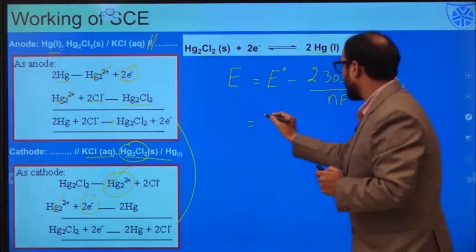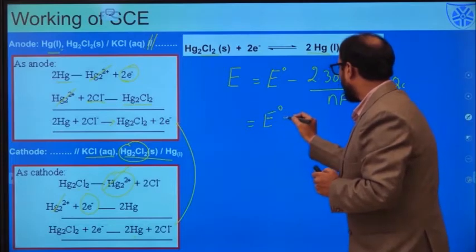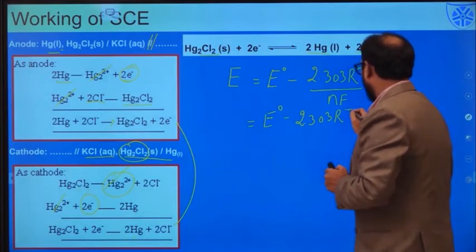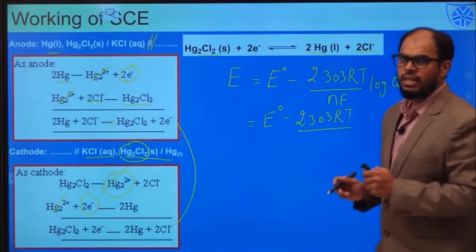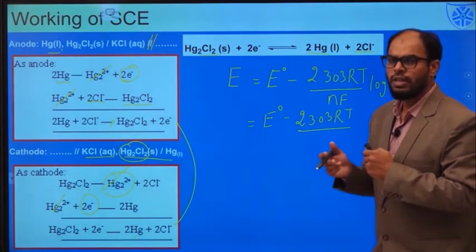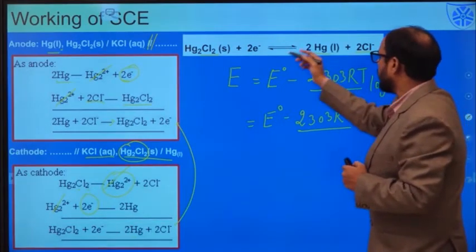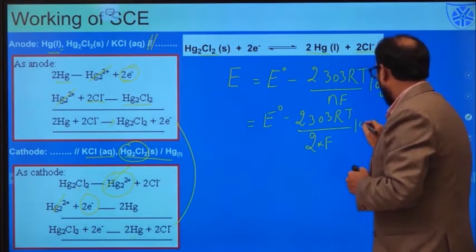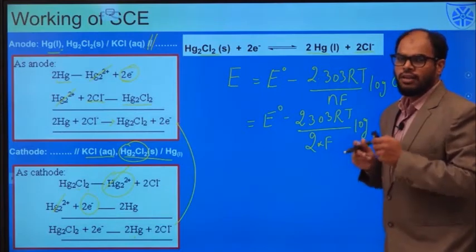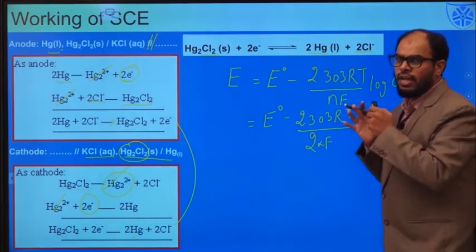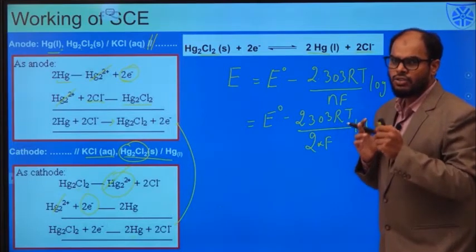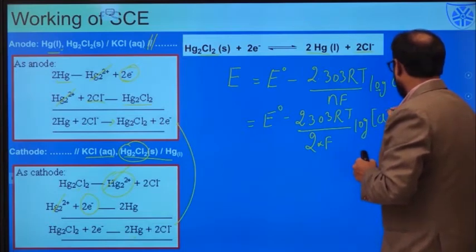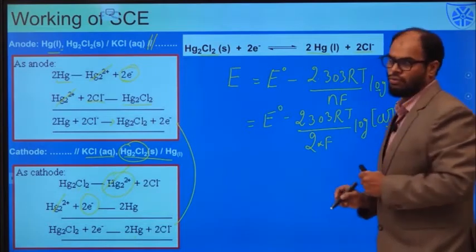I just have to write E is equal to E naught minus 2.303 RT by n F log. Here n refers to the number of electrons involved in the process. Since there are 2 electrons involved in the process, I can write n as 2. Since we are taking the concentration of metals and solids as 1, we can just take the concentration of Cl minus ions to the power of 2.